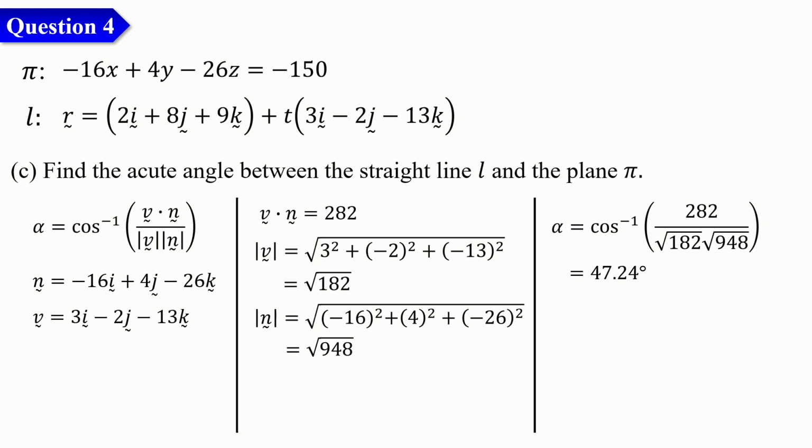But this is not the angle between the line and the plane yet, because to find the angle between the line and the plane, we need to subtract this angle from 90. So theta equals 90 minus alpha. So 90 degrees minus 47.24, we get 42.76. So this is the angle between the line L and the plane pi.